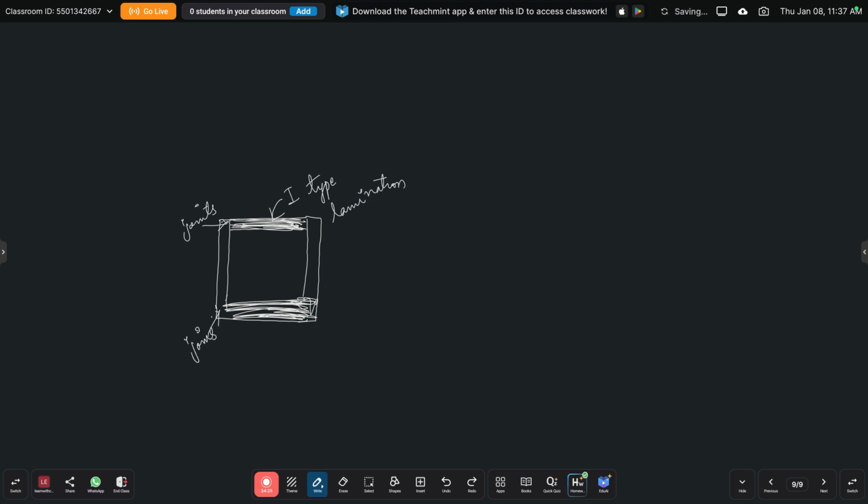Here another one we are going to represent as L shaped.